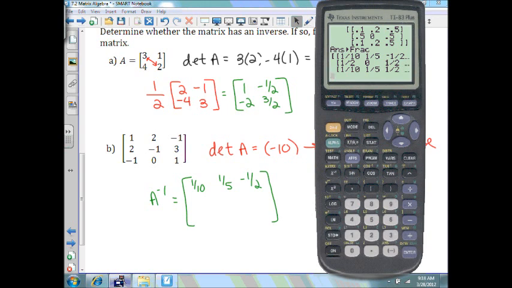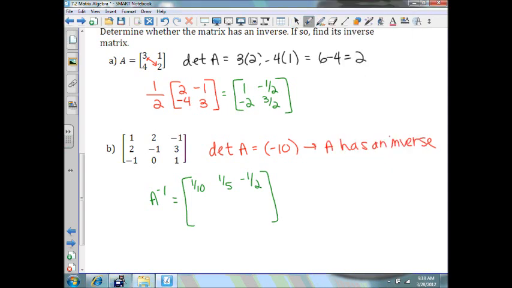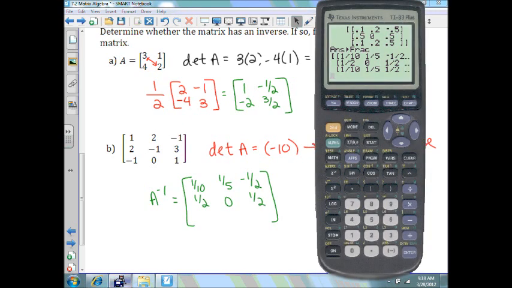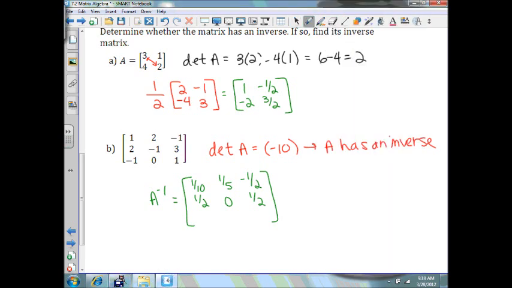Now we'll do the rest of it, 1/2, 0, 1/2. And the rest will go 1/10, 1/5, 1/2. There is A inverse.